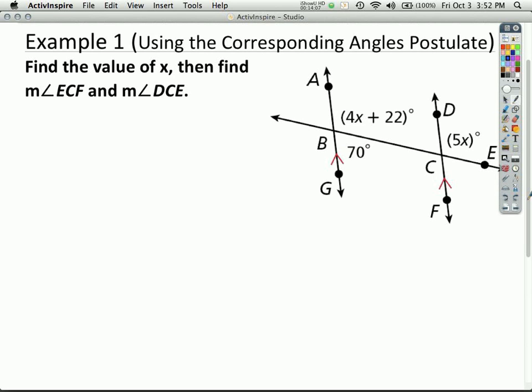So I would like to find the value of x. We have this picture. We have a bunch of theorems and postulates. What could we set up to find the value of x?